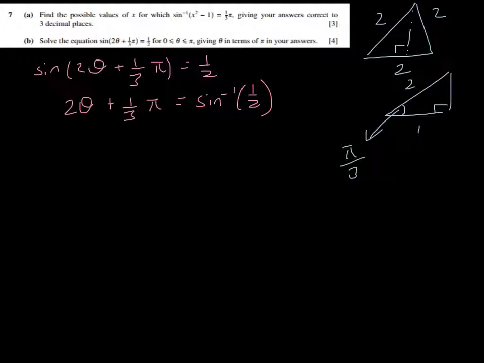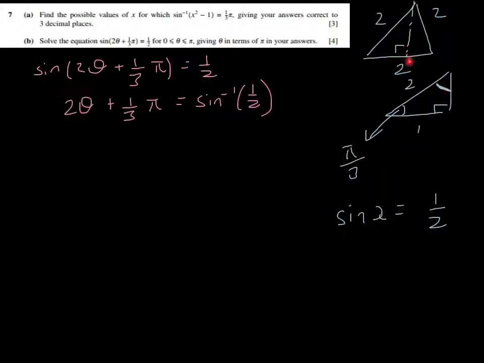Okay, so what we're asking ourselves is the sine of what angle is a half. So if I look at my triangle here, I want opposite over hypotenuse, the opposite to be 1 and the hypotenuse to be 2. So that would happen if I take it from this angle here. Because from this angle here, the opposite is 1 and the hypotenuse is 2. So what's the size of this angle here?